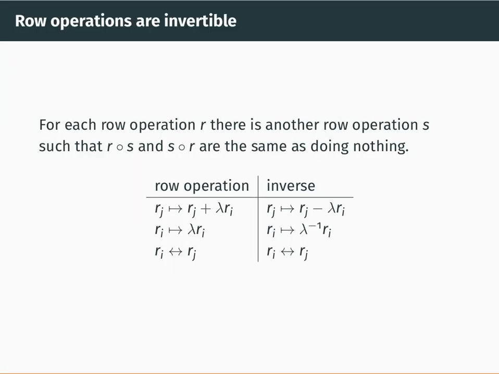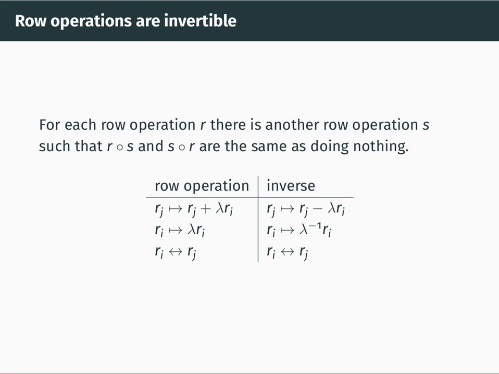The last thing I'm going to say about row operations is that they have an extremely important property, which is that row operations are invertible. What I mean by that is that for each row operation R, there is another row operation S, such that doing S then doing R, and doing R then doing S are both the same as doing absolutely nothing to your matrix.